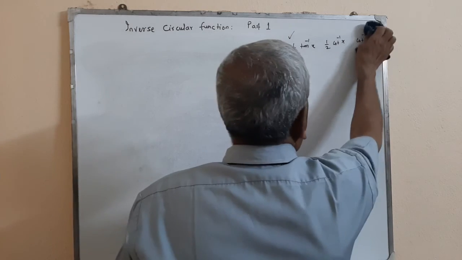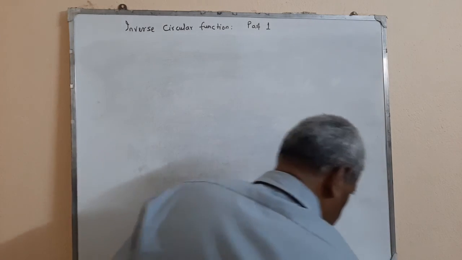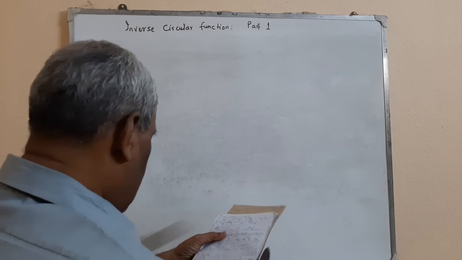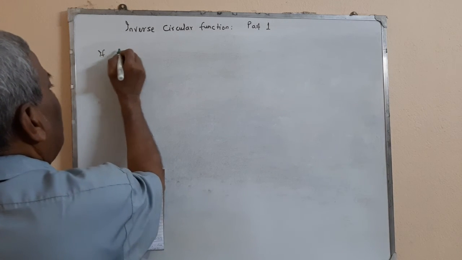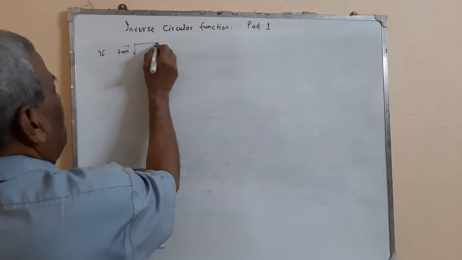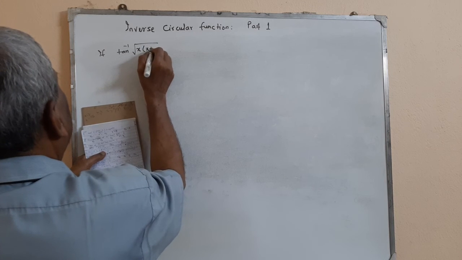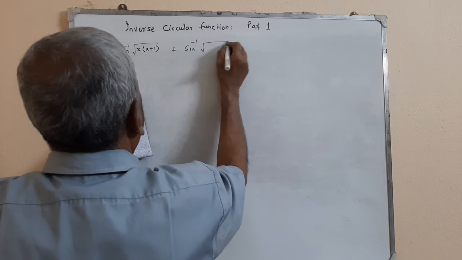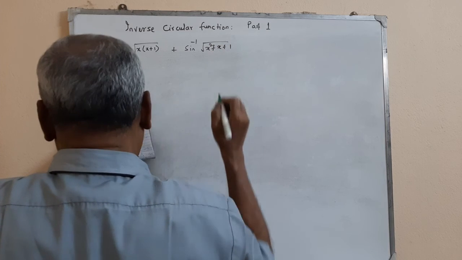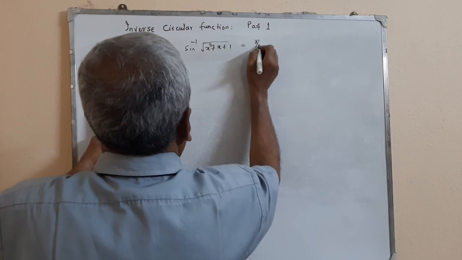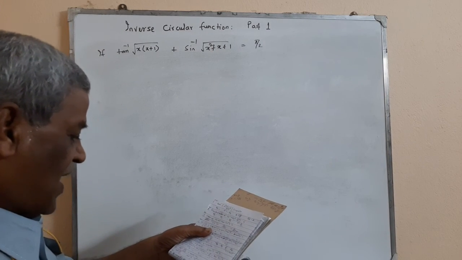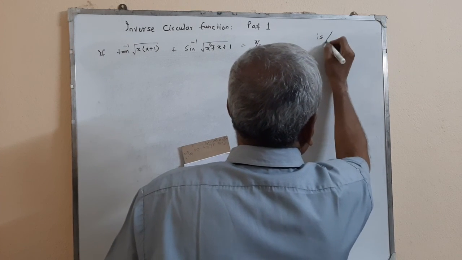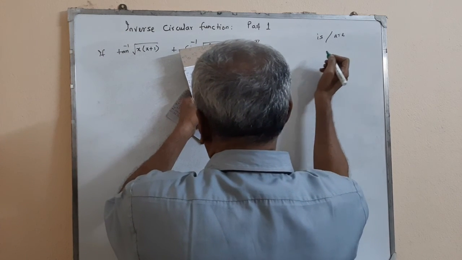Next. If tan inverse root over of x into x plus 1 plus sine inverse root over of x square plus x plus 1 is pi by 2, then the value of x is... More than one answer may be correct.